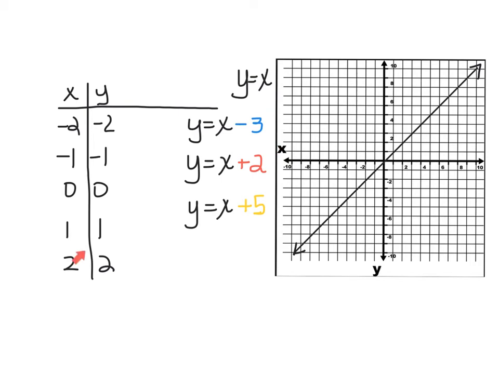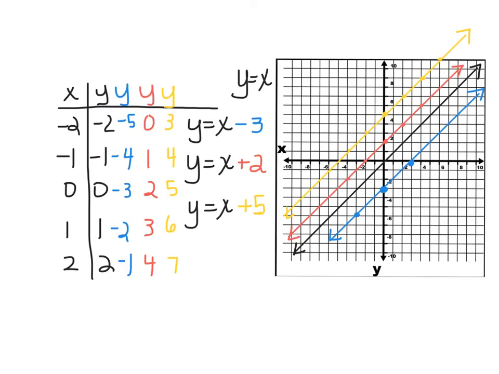I'm going to adjust my parent based on what these three do, just like I did in the first one. So just so you know what page I'm on here. This guy, I'm taking my x and I'm subtracting 3. So the beginning point is becoming -3. I'm going to graph these three and then fill in my table.